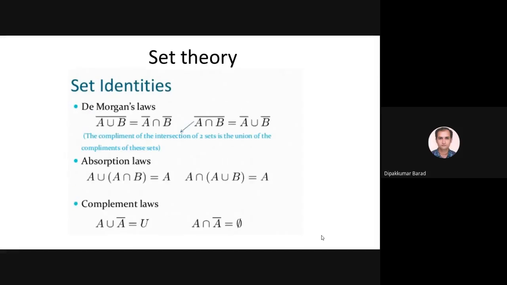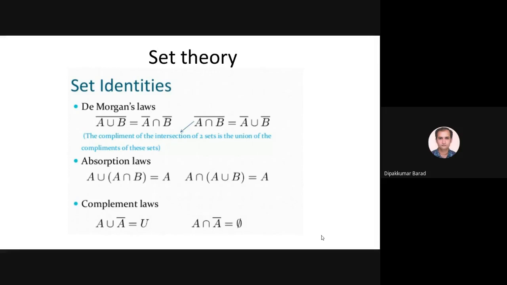De Morgan laws for set theory: the complement of A union B is equal to the complement of A intersection the complement of B, and the complement of A intersection B is equal to the complement of A union the complement of B. Absorption law: A union (A intersection B) is equal to A, and A intersection (A union B) is equal to A. So again you get A itself.